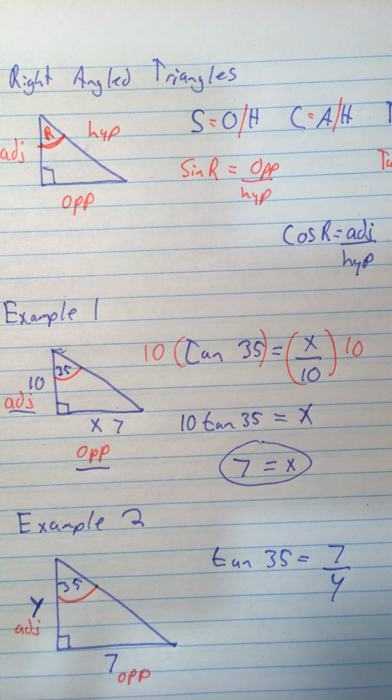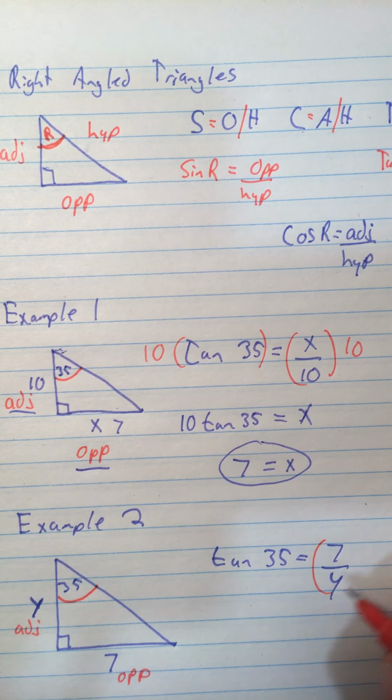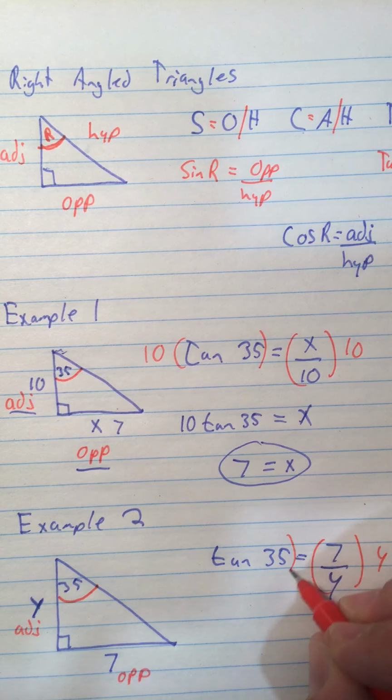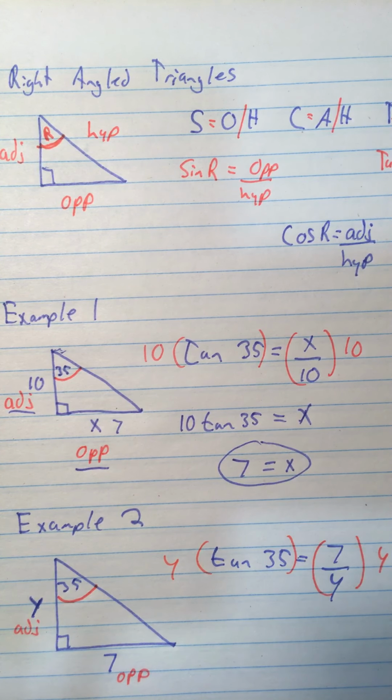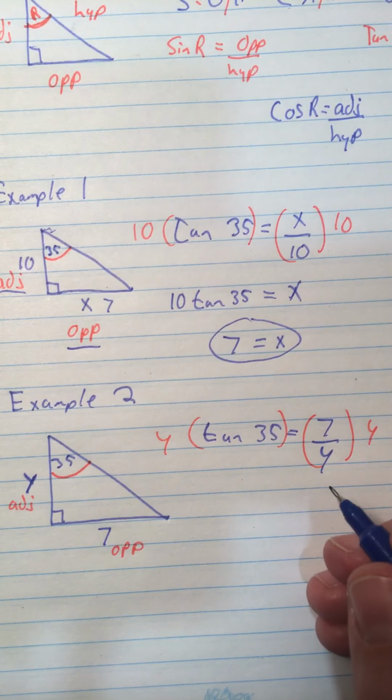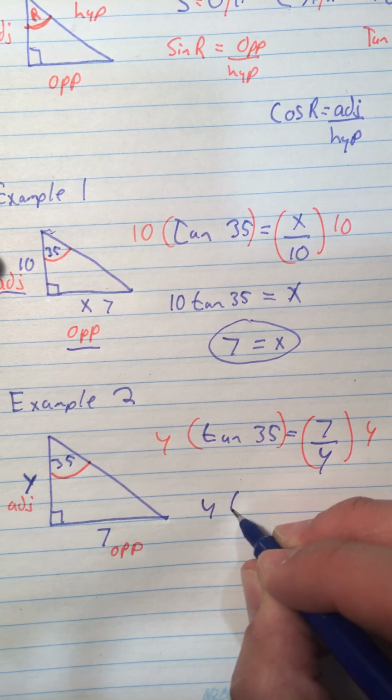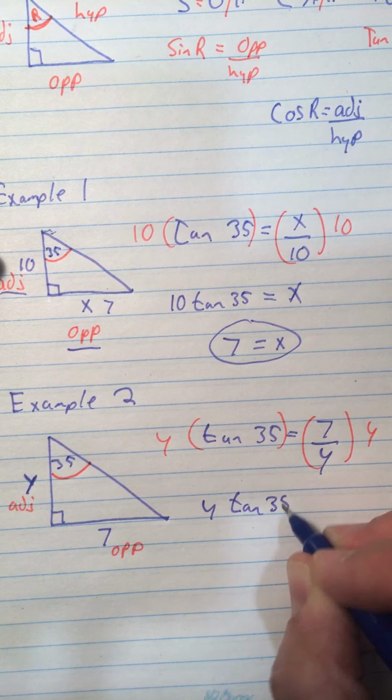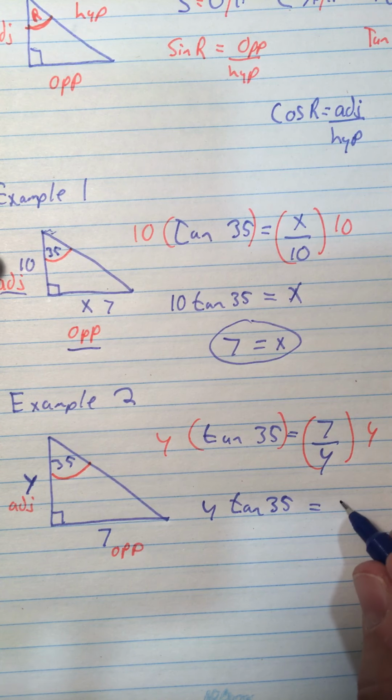The tough part with this one is your denominator is on the bottom. When your denominator is on the bottom, there's an extra step, and this is the one most commonly done wrong. We first need to get our denominator to the numerator. In order to do that, I'm going to multiply both sides by y. So now I have y tan 35 is equal to 7.